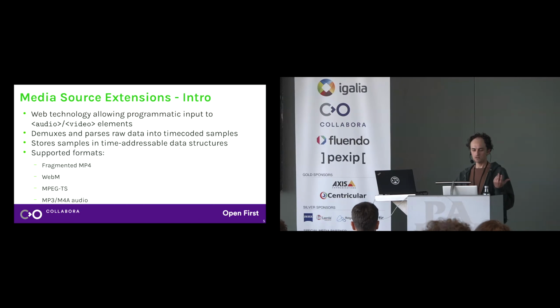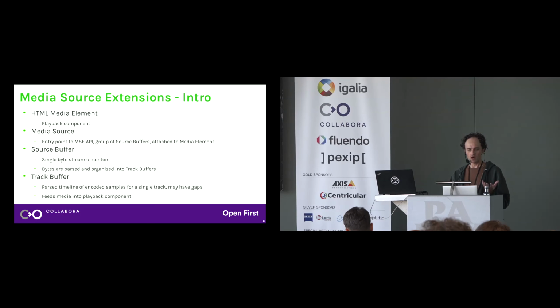The specification requires that you support a certain set of formats. One of them is fragmented MP4 that you've heard of before. Also WebM, MPEG-TS, MP3, and MP4 audio. Those are what's supported. So that's what you can do with it.